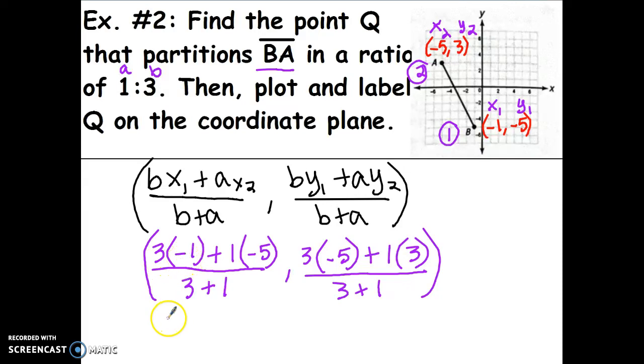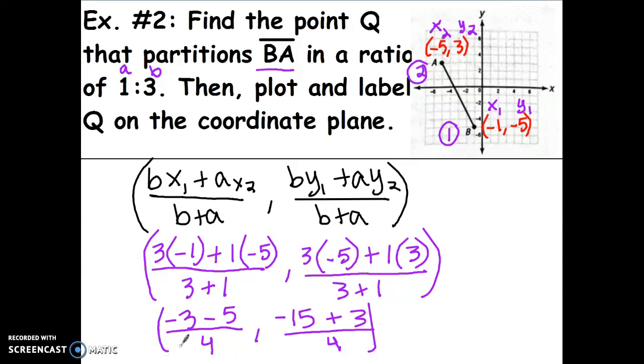3 times -1 gives us -3. 1 times -5 gives us -5, all over 3 plus 1, which is 4. 3 times -5 is -15, plus 1 times 3 is 3, all over 4.